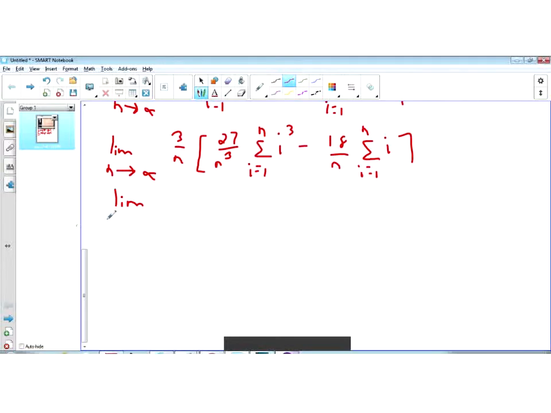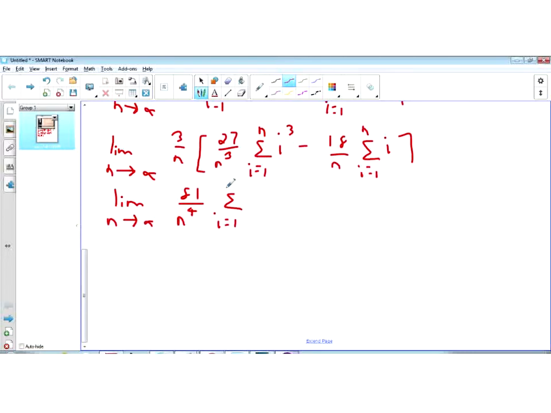And then we can bring our 3 over n back in. So this would be the limit as n approaches infinity of 81 over n to the 4th times the summation i equals 1.